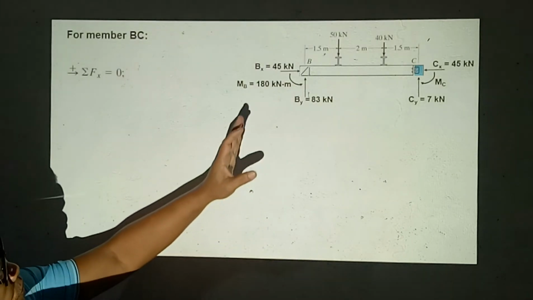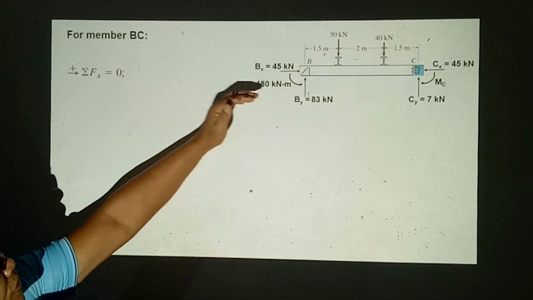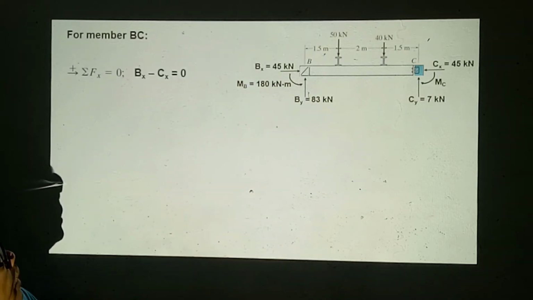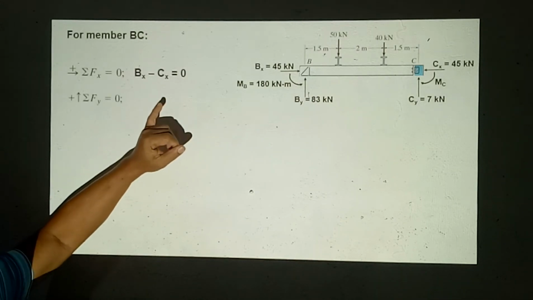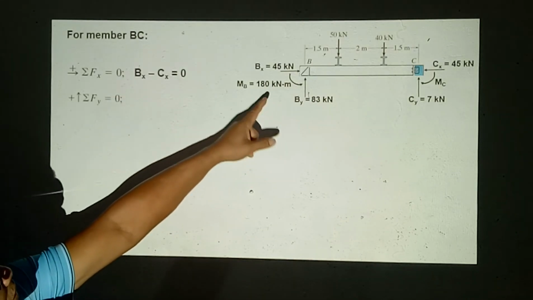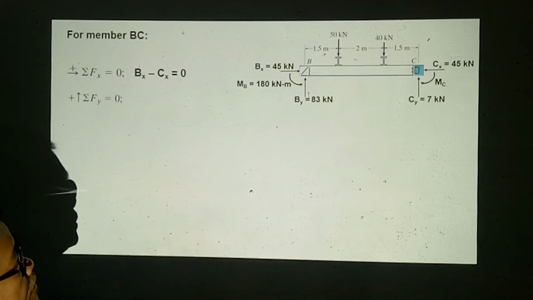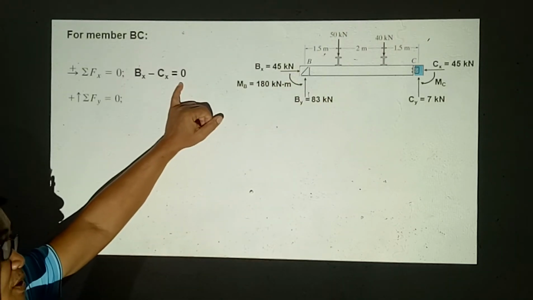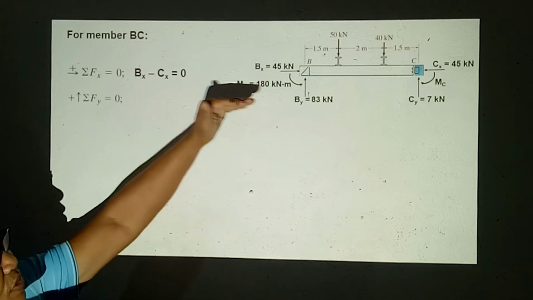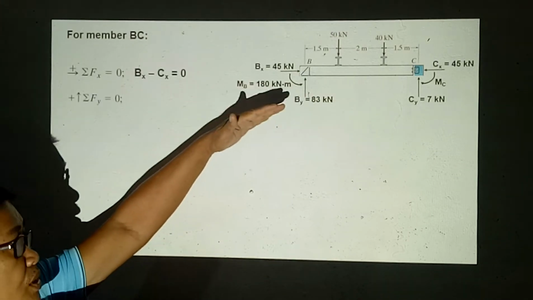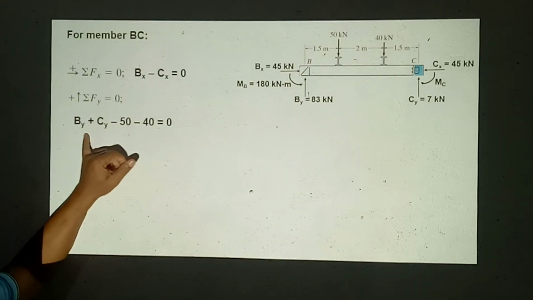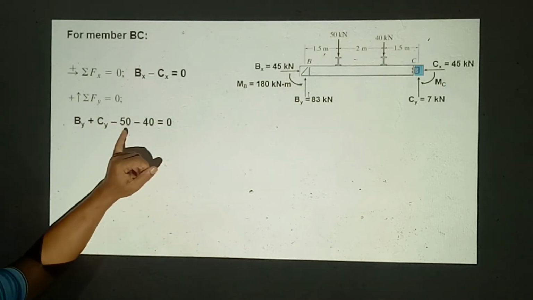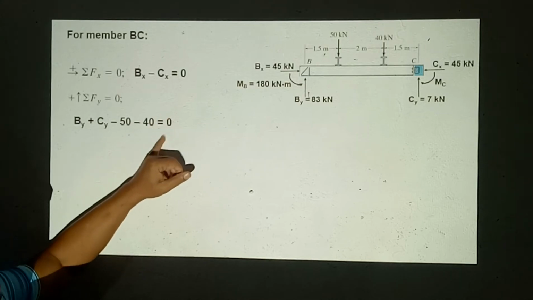So checking the force summation along x, bx minus cx equals 0. So it's actually 0 because they have equal values. This just shows that there is equilibrium along the horizontal direction of member BC. Summation of forces along y, we have by plus cy minus 50 minus 40.